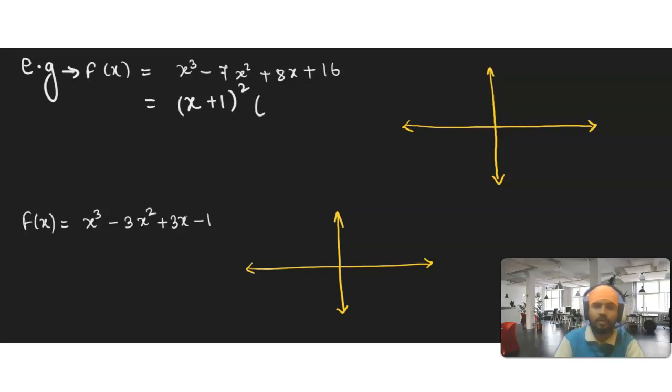The multiplicity of x plus 1 is just 1, and x equals 4 has a multiplicity of 2. So we write it as x plus 1 times x minus 4 whole square.